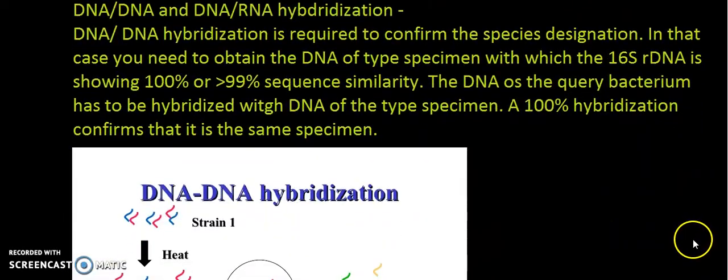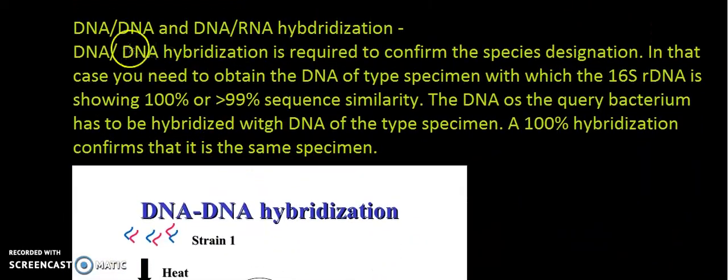The next thing that can be done for molecular taxonomy is DNA-DNA hybridization or DNA-RNA hybridization. Nowadays, this technique has become very important. Once you have identified your organism with the help of your 16S rDNA sequence, scientists say that if you claim species level identification, you have to do a DNA-DNA hybridization.